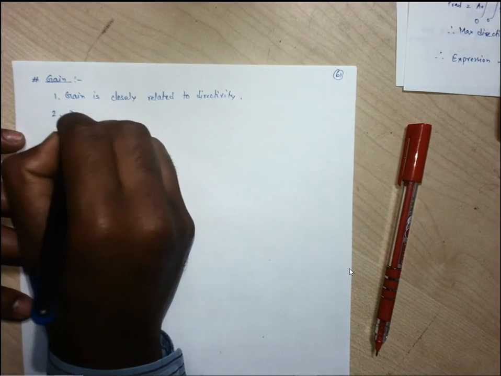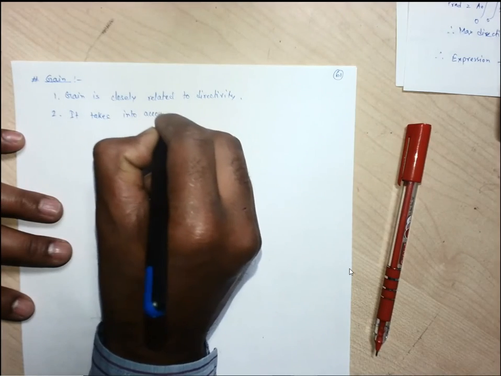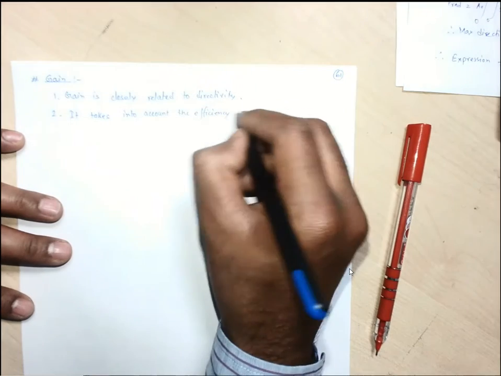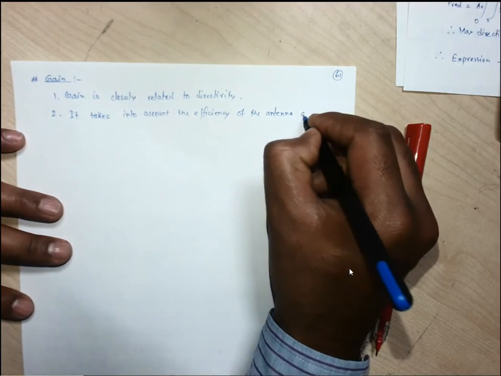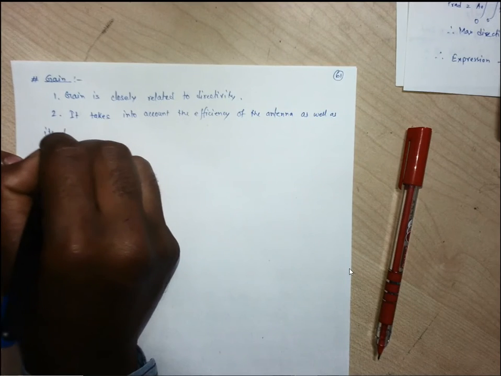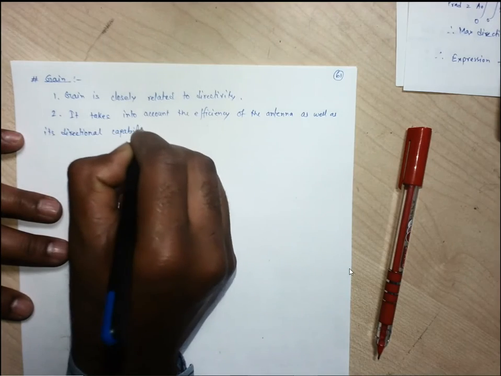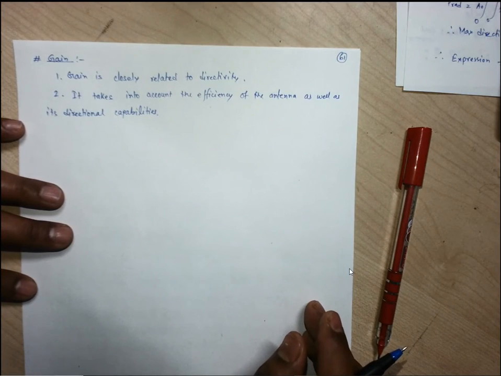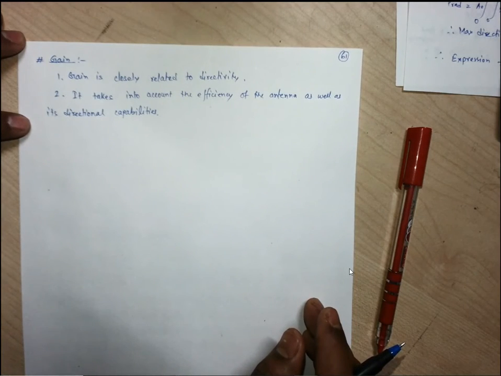Second point, it takes into account the efficiency of the antenna as well as its directional capabilities. So if the antenna has very high efficiency, then we can consider this gain is the same as the directivity.